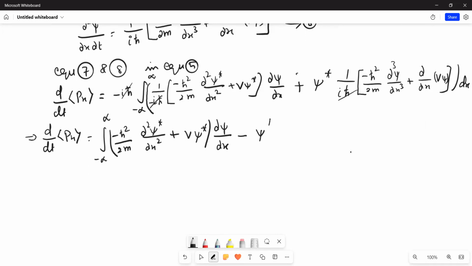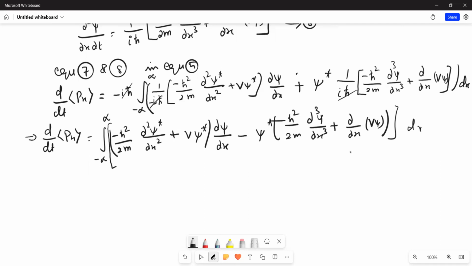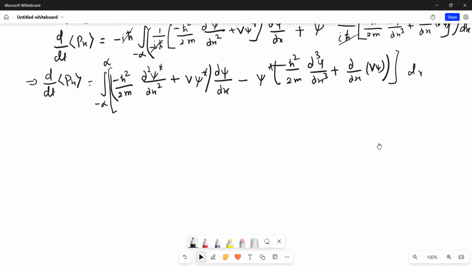Then the remaining steps: ψ*, −(ħ²/2m) ∂³ψ/∂x³ plus ∂/∂x (Vψ), into dx. Again, it is just mathematical simplification; if you concentrate, you will get this answer.